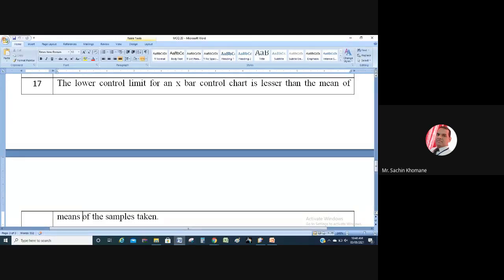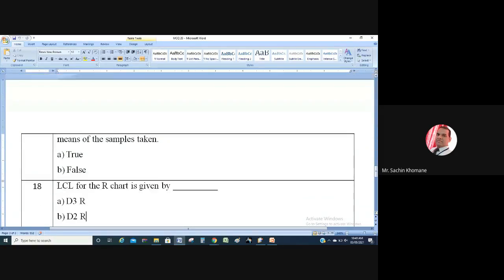The question means that the lower limit of the control chart is less than the mean. Is it true? Definitely true, because the lower limit is always below the mean, and the upper limit is above the mean. So it is a true sentence.